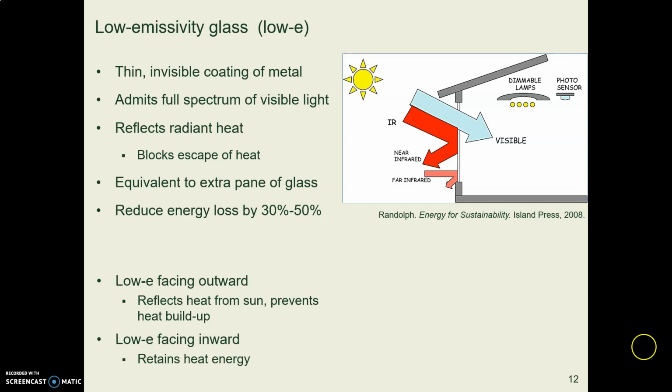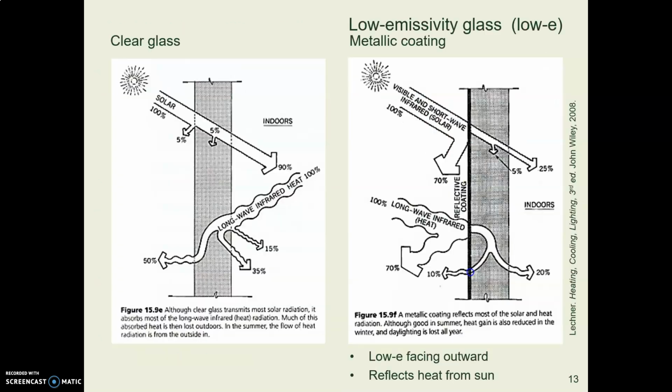And low E glass has a thin coating of metal on one side of the glass. I don't know precisely what kind of metal coating it is, but it's invisible, which is interesting, and it has full visible transmittance. It lets light in. But it blocks infrared radiation, so either keeps heat from building up or keeps heat from escaping.